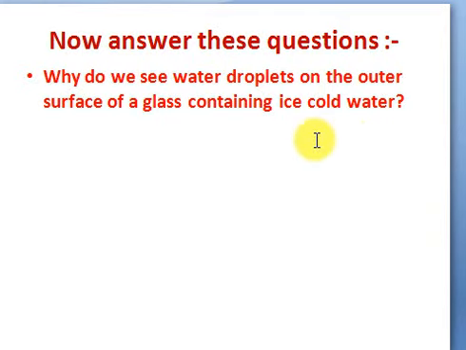So this water vapor comes in contact with the external surface of the beaker, which contains cold water. The water vapor gets condensed on the external surface and forms water droplets. When they condense, water vapor changes into water droplets, which are visible on the outer surface of the beaker. So this is the reason why it happens.